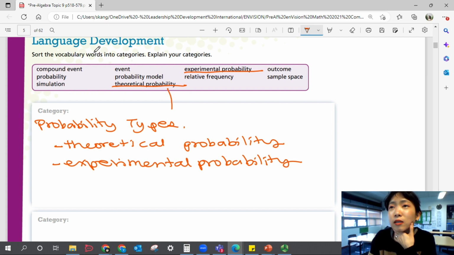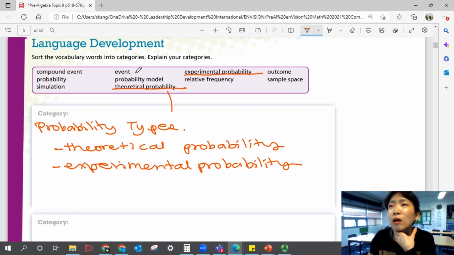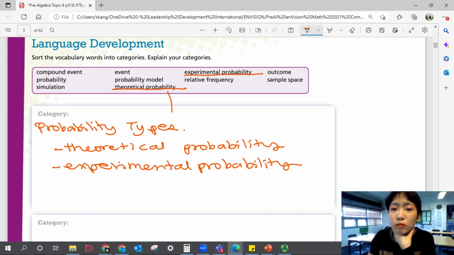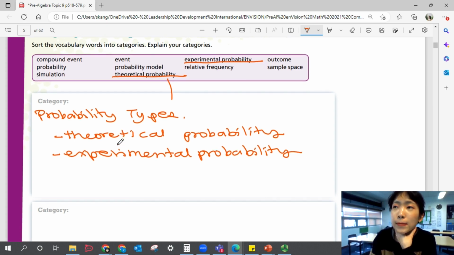And then what else do we see? We have compound event and then event. Event itself as a definition, right? What would event be, right? What are the categories of them? So we can say types of events, right?